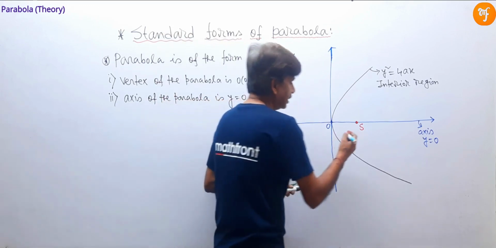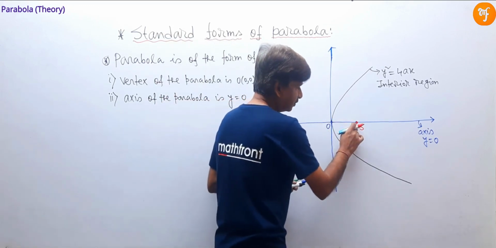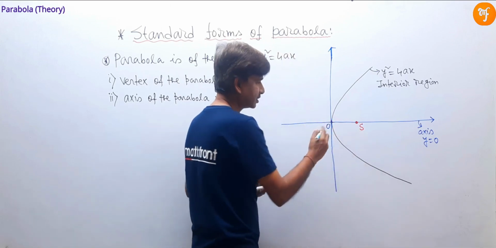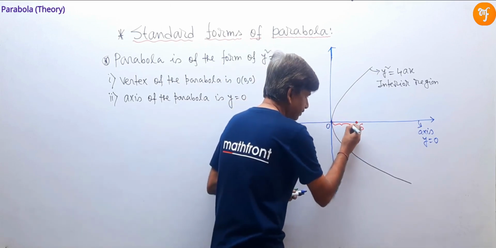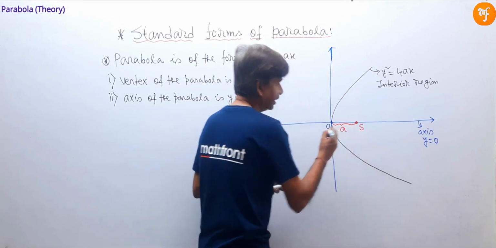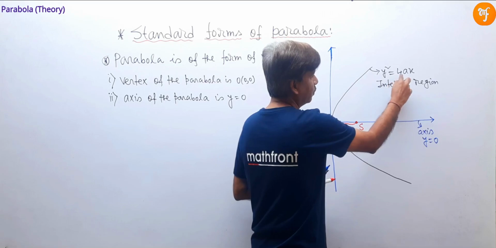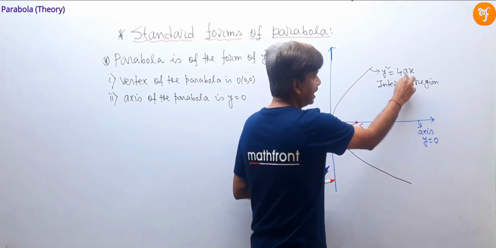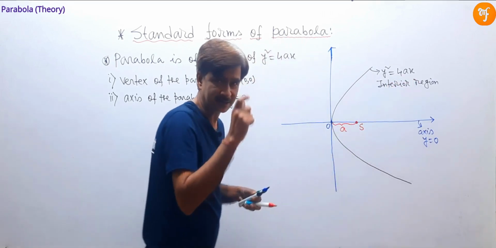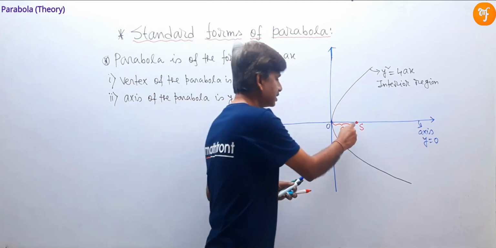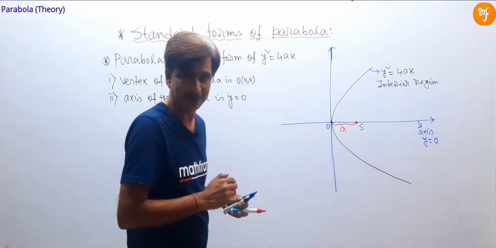Okay. Now, distance of this focus from the vertex is equal to a. So, in the equation of parabola y square is equal to 4 into a into x, this a represents the distance of the focus from the vertex. Okay, clear?